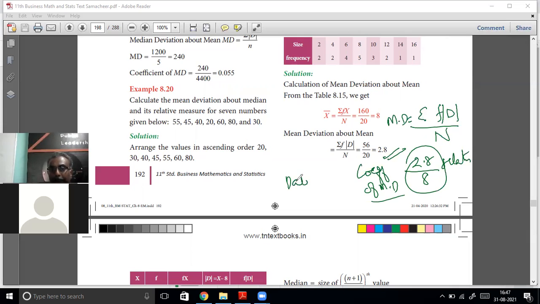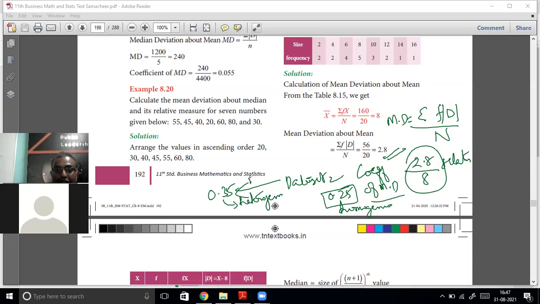Suppose this is 0.25, and data set 2 is giving 0.35. That means this one is more closely packed, scattering is less, so this is more homogeneous about its central value. The other is less homogeneous or more heterogeneous, meaning it's more scattered.